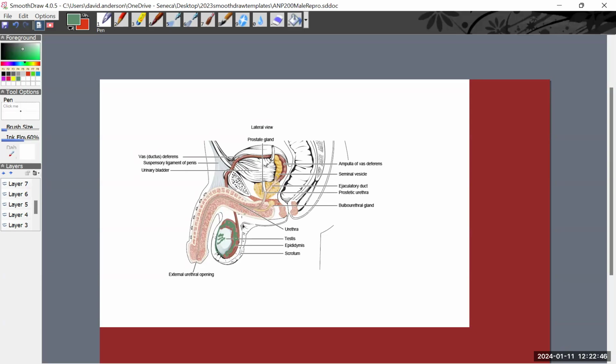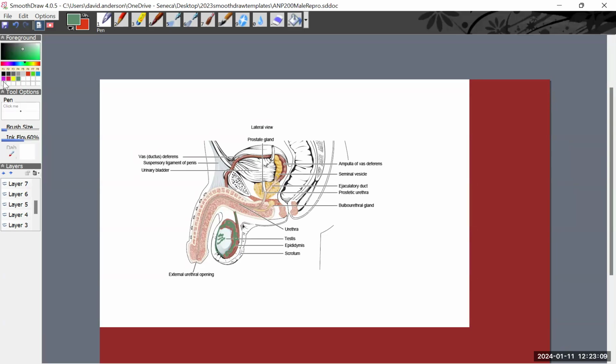If ejaculation occurs after that time, the mature spermatozoa will be pushed into the tubular system and ultimately leave the male body. So the pathway would follow through from the epididymis into what's called the ductus deferens.